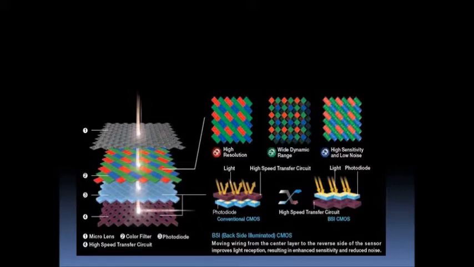With it being at the top of the photodiodes, some light used to get reflected before it hits the photo sites, and as light is very important for any camera sensor to capture the image correctly, it was somehow degrading the quality of image that initial cameras used to capture. But with this backside illumination, it is more light efficient, more light is hitting the photodiode, and we are able to capture the image more accurately.